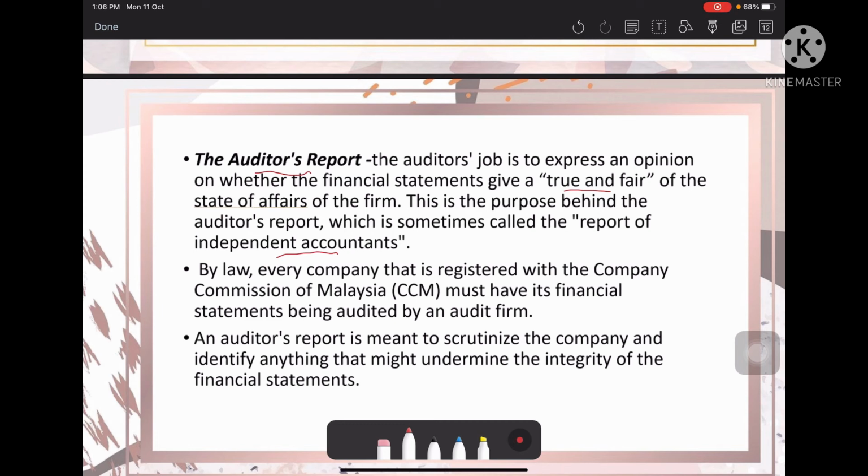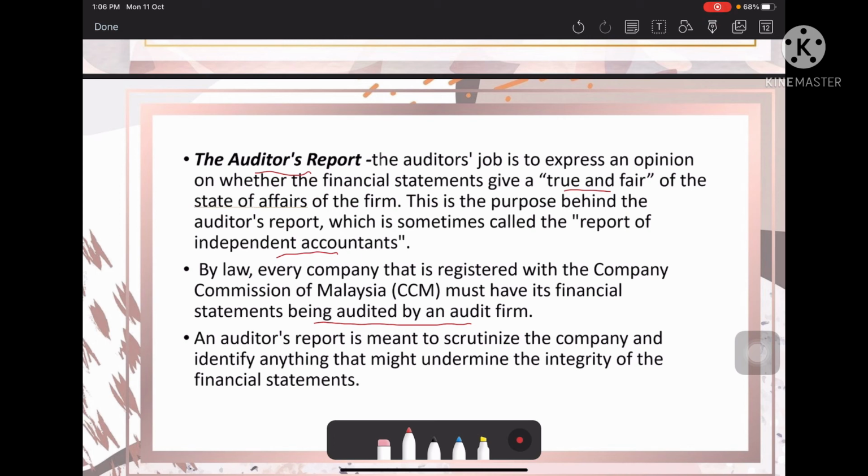So by law, every company that is registered with the Company Commission must have its financial statement audited by an audit firm. Alright, so the auditor will certify lah, okay, the transactions in the company, verified and certified, and then come up with the report so that people ataupun the prospective investor ataupun sesiapa sajalah yang ada interest with the company can read the auditor's report.